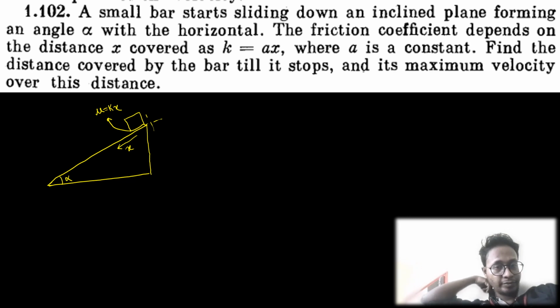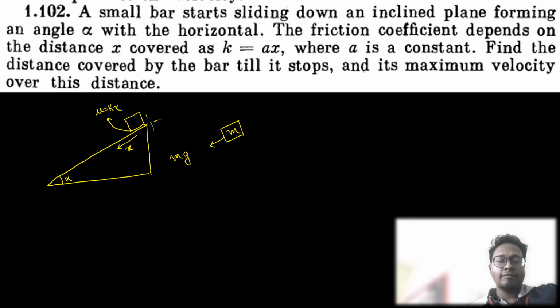Now, if I draw the free body diagram of the body M, here the force is mg sin alpha. Here the force is mu mg cos alpha. And what is the value of mu? The value of mu is nothing but ax.